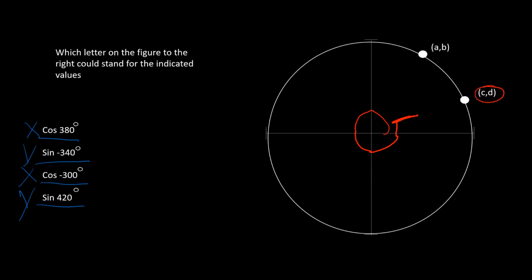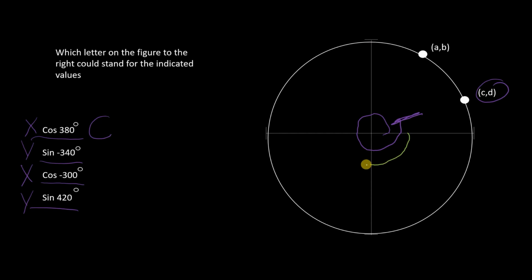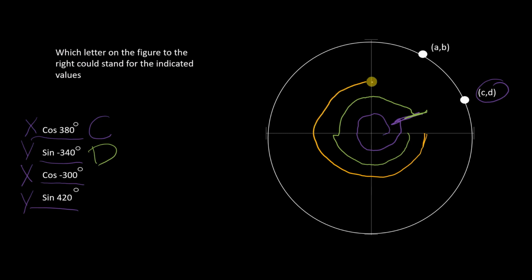Now, for our sine -340, we will go clockwise, starting at 0, -90, -180, -270, and right here will be -340, right at our D. For -300, again we will start at 0, come around -90, -180, -270.